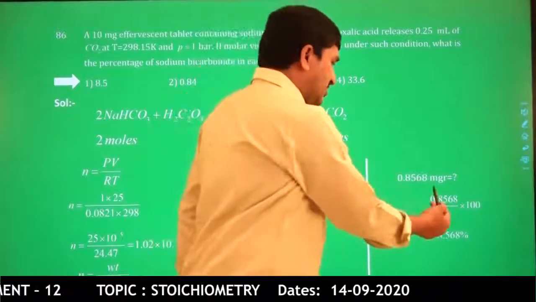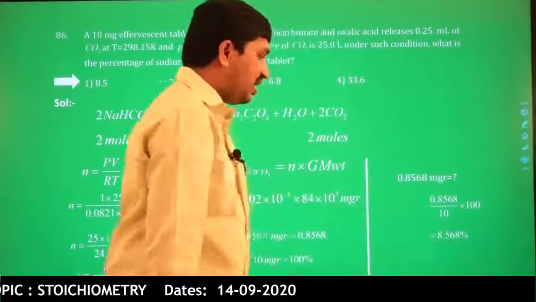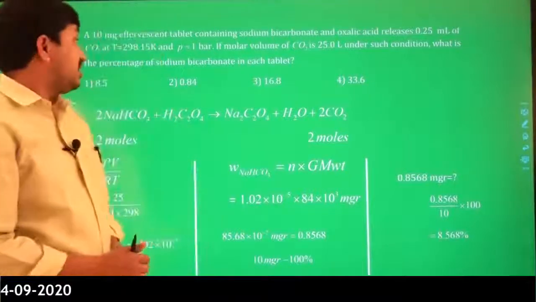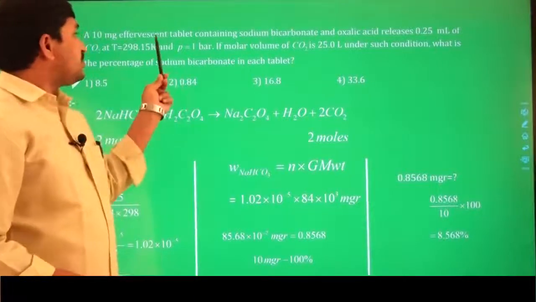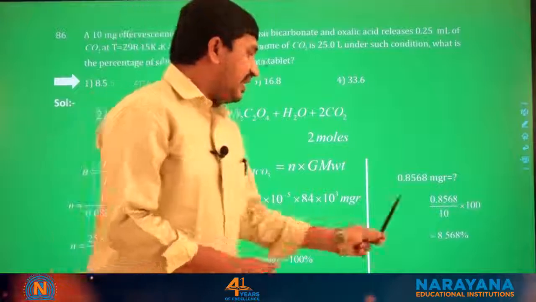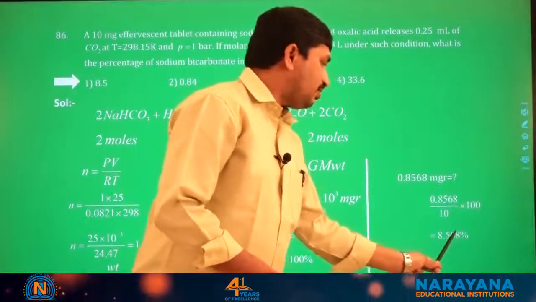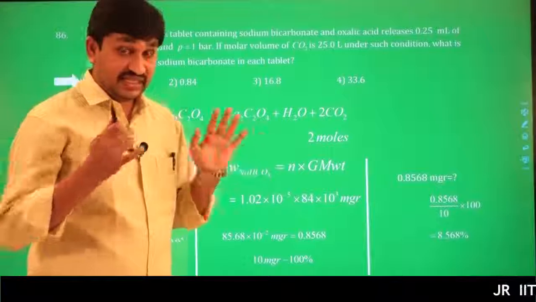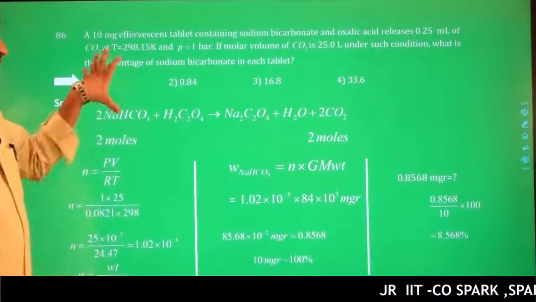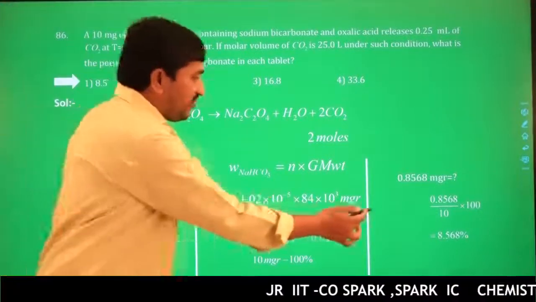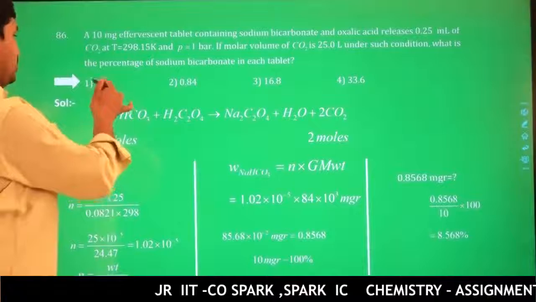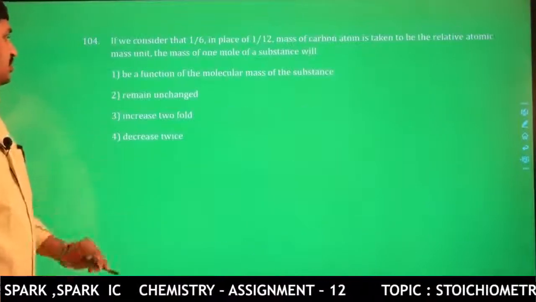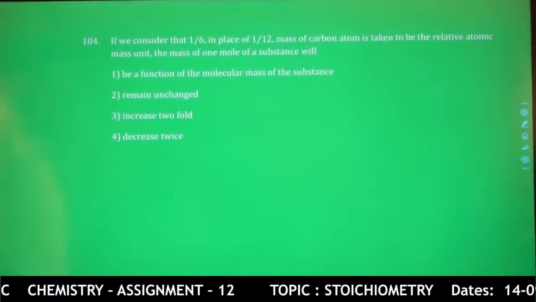Then 0.8568 by 10 into 100, and you get 8.568%. That means the 10 milligram tablet contains 8.568 percent of sodium bicarbonate. In this way, we can easily find the answer. So 8.568, where is it? First option. That is the answer for this question. Got it? So go for the next question. What is the next question?